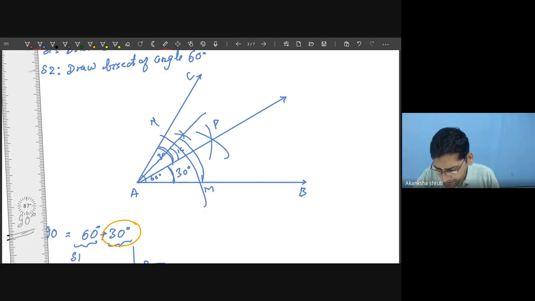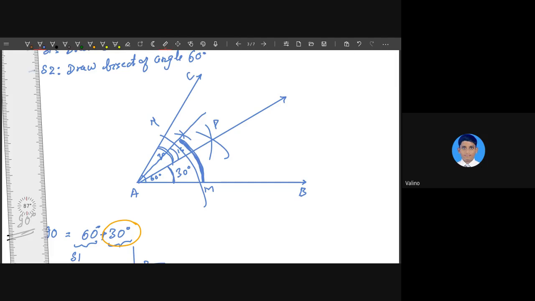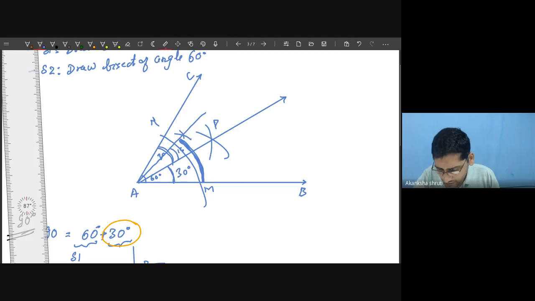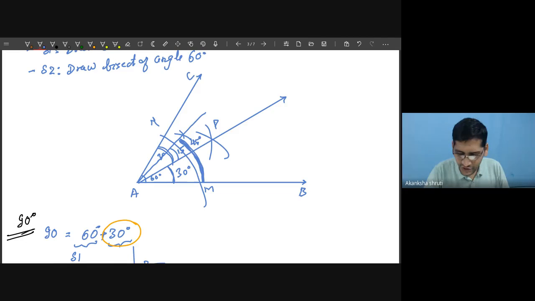So from here to here, how much does this angle become? 45 degree. That is, 30 plus 15 equals 45 degree. This is the method used for getting other standard angles like 45 degree, 75 degree, and even 7.5 degree can be obtained by dividing 15 degree into two parts. This way angle division is used.